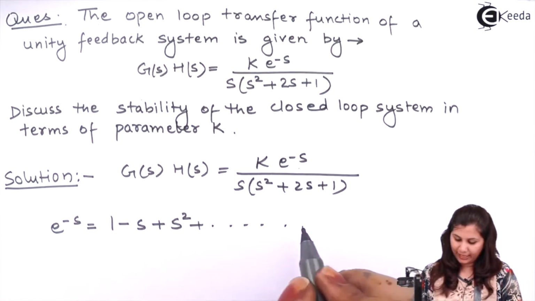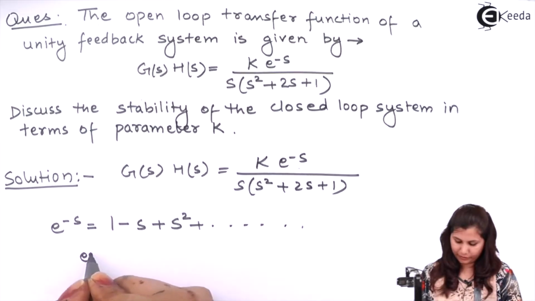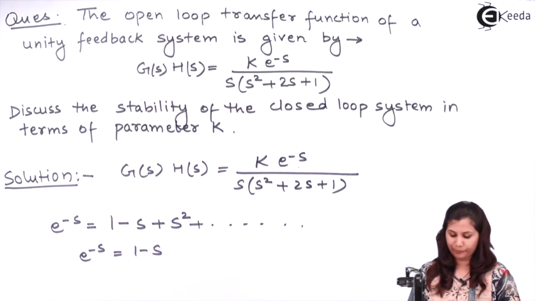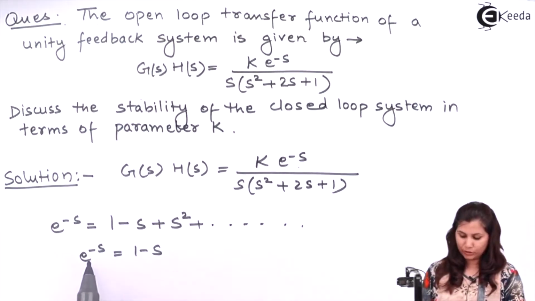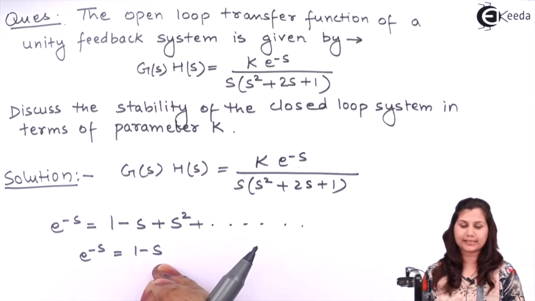So if we neglect the higher terms, then only this 1 minus s will be left. That is, e raised to the power minus s is 1 minus s. So replace this exponential term with 1 minus s.